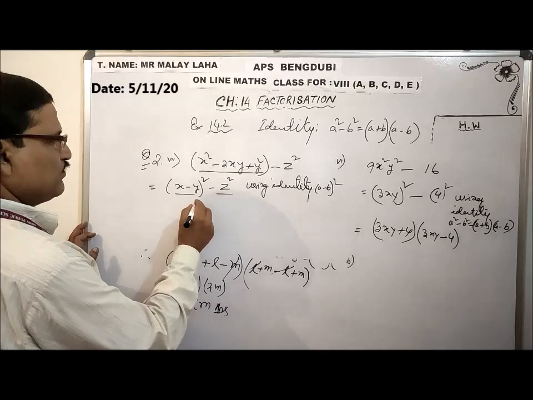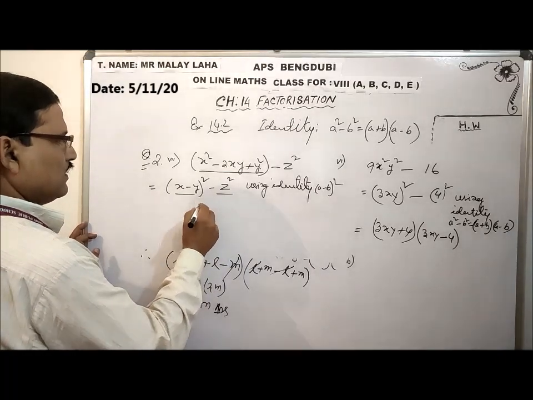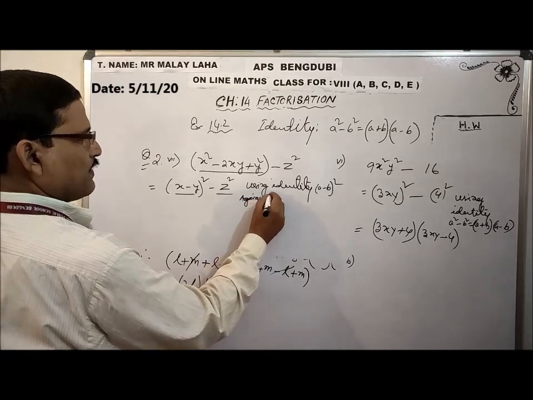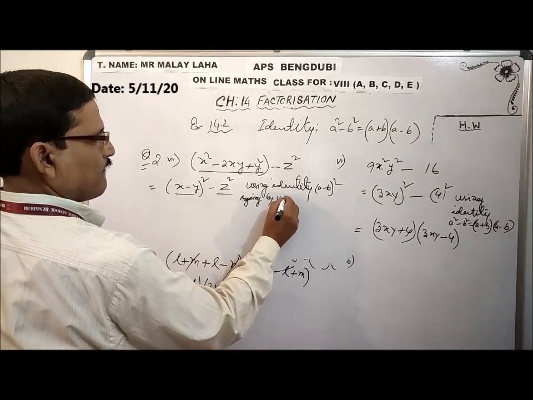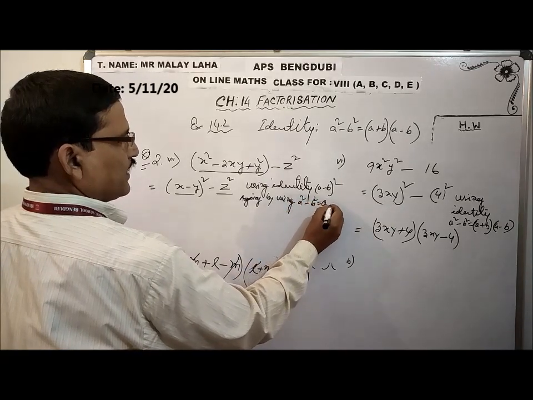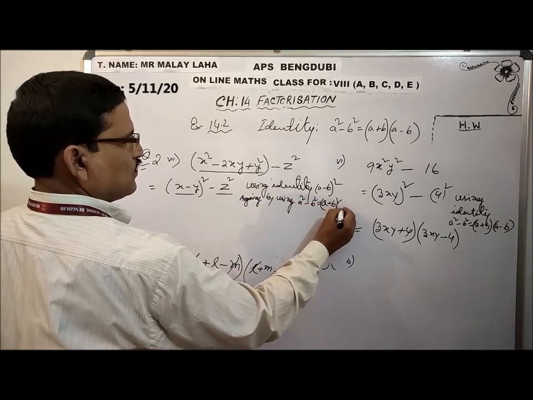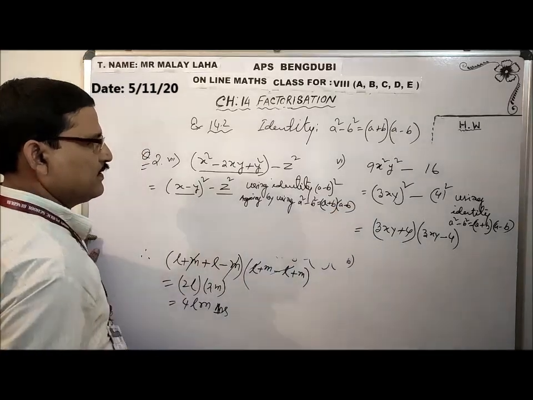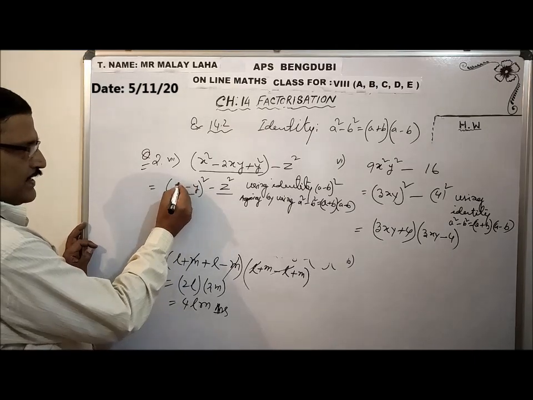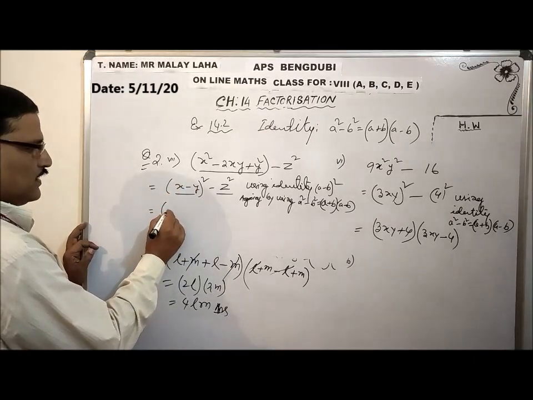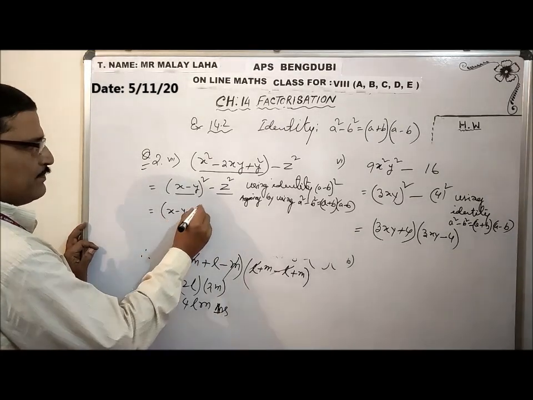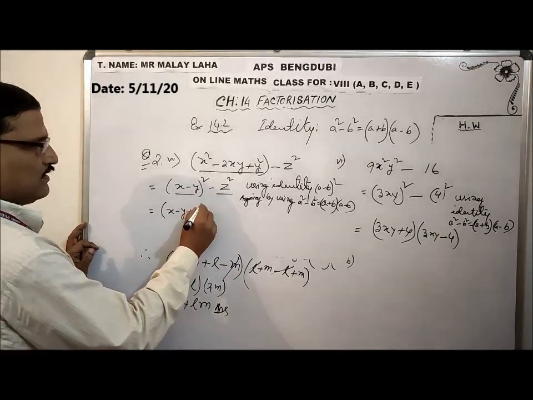So again by using a square minus b square is equal to a plus b into a minus b. So which one is a? This whole part will be treated as a. So a means x minus y, plus b means z.